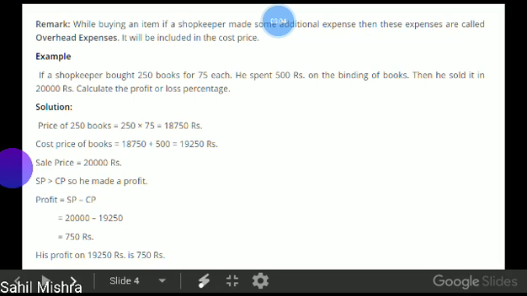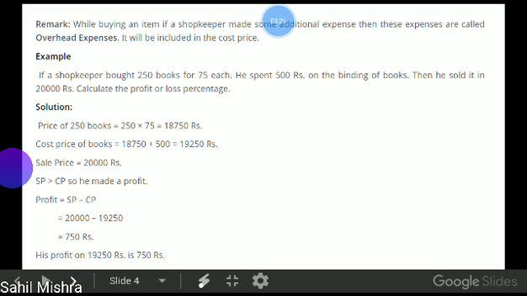For example, a shopkeeper bought 250 books for 75 rupees each, and spent 500 rupees on binding the books. Then he sold them for 20,000 rupees. Calculate the profit or loss percentage.